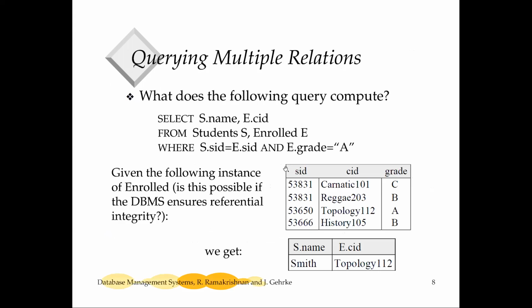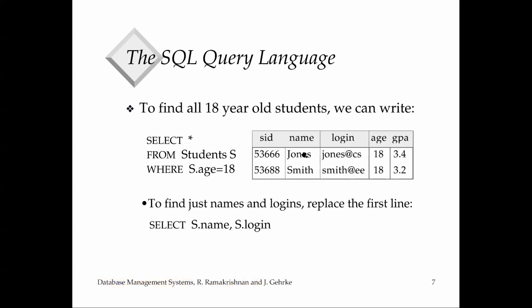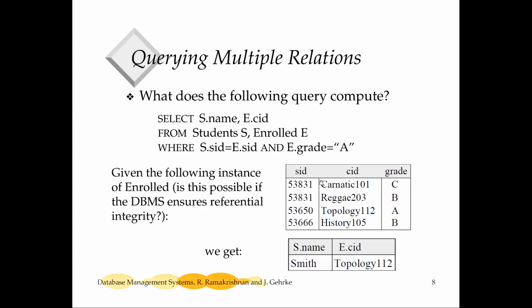If we are in this enrolled table, then this SID is a foreign key, right? It is a primary key in the students table, but because it is used in the enrolled table, it is referred to as a foreign key.